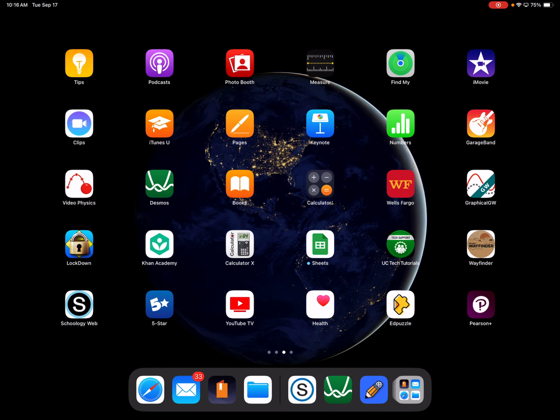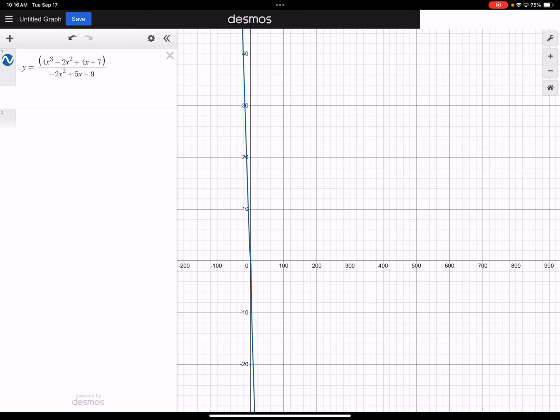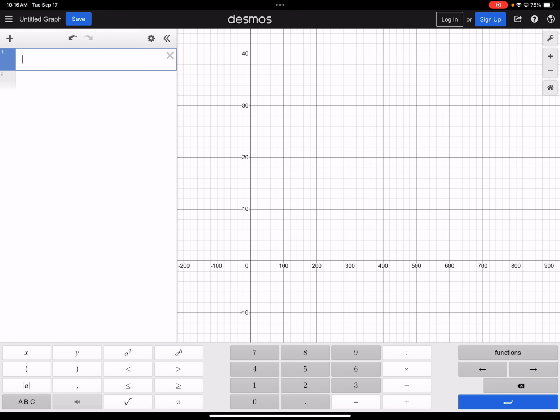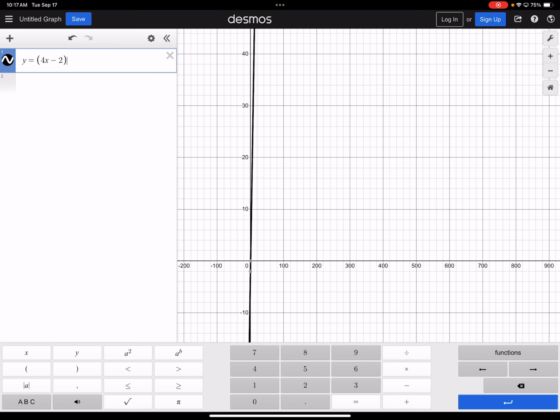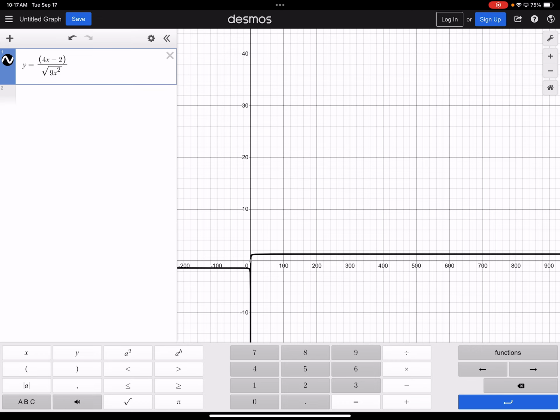And I'm not going to graph all of these, but let's just peek at this one. So if I type in y equals 4x minus 2 divided by, oops, that's not what I want, divided by the square root of 9x squared plus 8x plus 1.